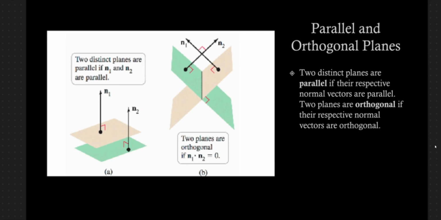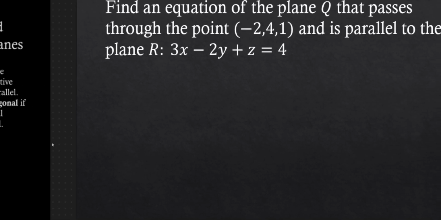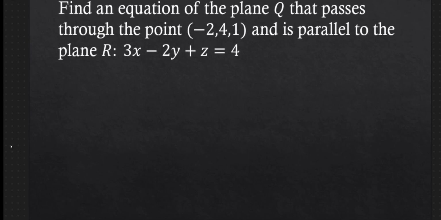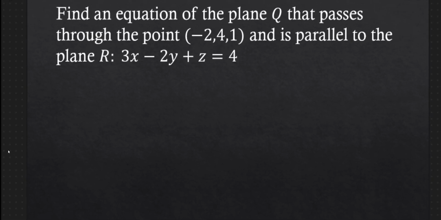All right, so let's look at an example. In this example, we want to find an equation of the plane Q that passes through the point -2, 4, 1 and is parallel to this other plane.